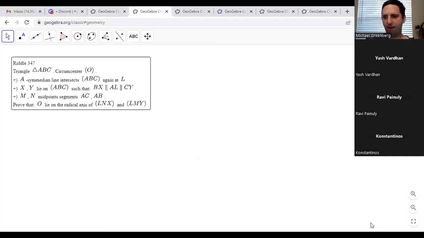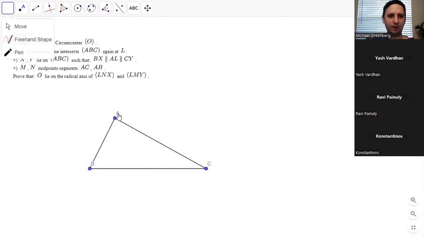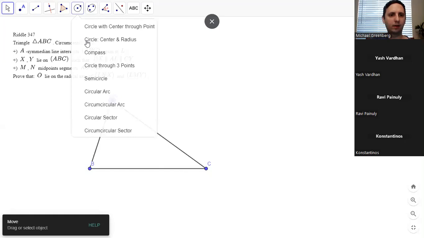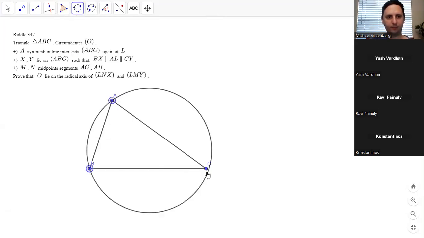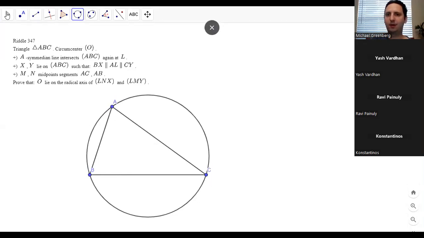So we have a triangle ABC with circumcenter O. Again, more symmedians. So again, we have symmedians. And let's see. Draw the tangents at B and C. Yeah, that was the first one.